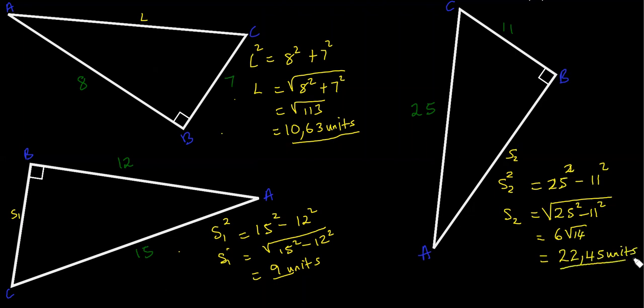So always remember, the answer you give is required in that particular quantity that you're dealing with. If they want it in decimal, let's say 2 decimal places or 1 decimal place, you leave it like that. If you just need to leave it in surd form, you just leave it with the root. So this is the surd form, and this one is a decimal.